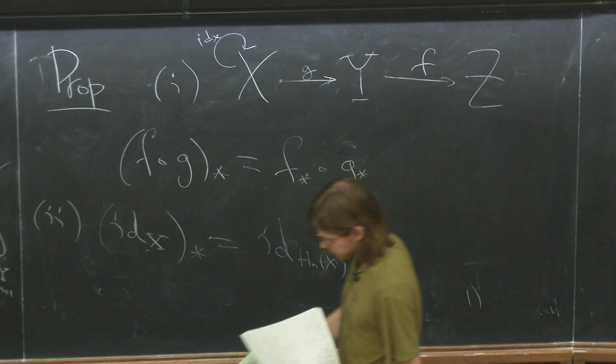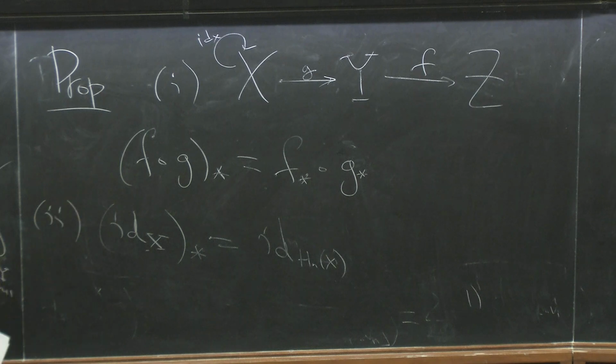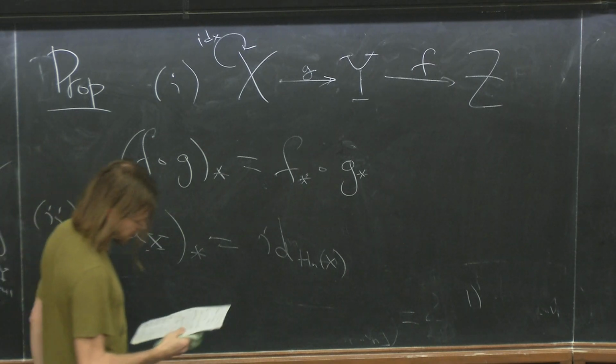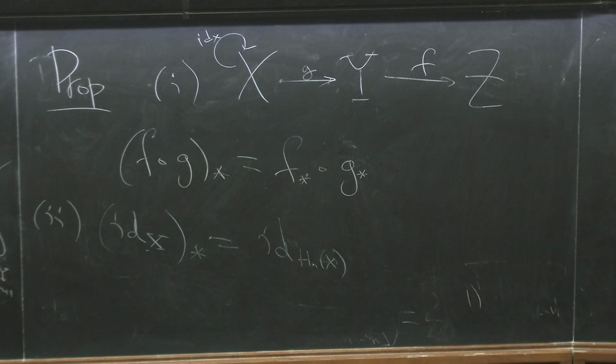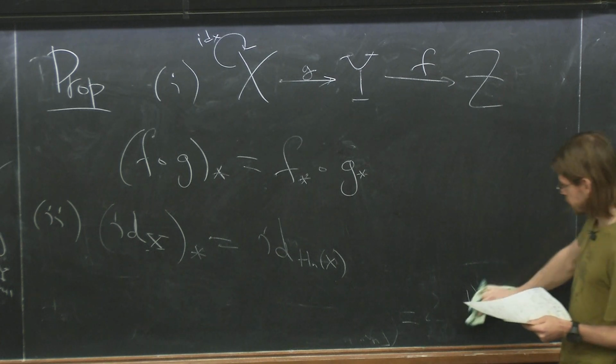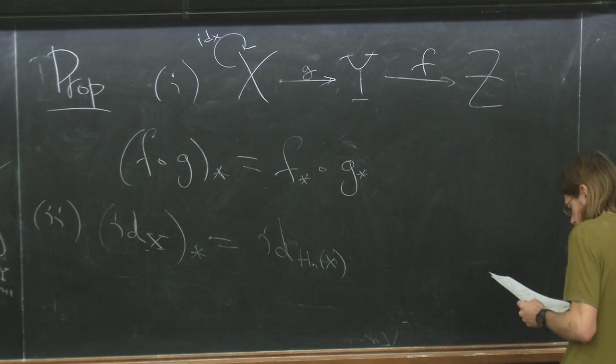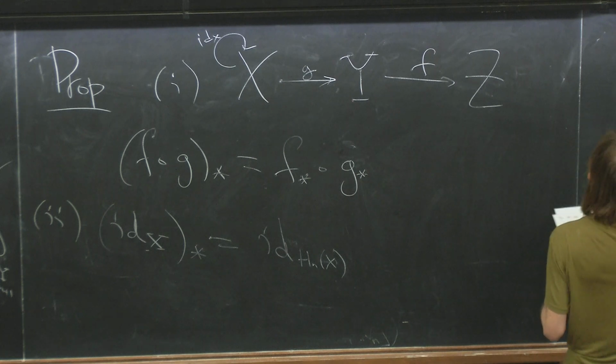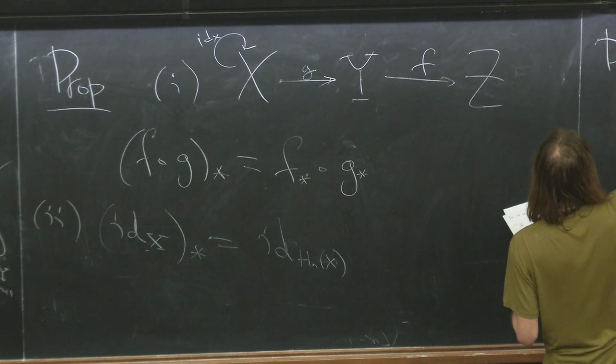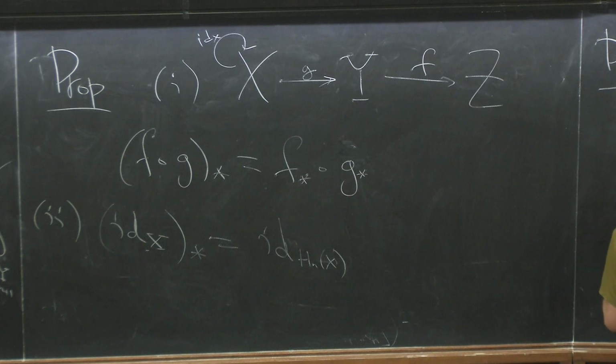Again, if you wish, like in the language of categories, this just tells you that homology is a functor from the category of topological spaces to the category of abelian groups. The proof is quite simple. Well, the first property, I mean, the proof is almost tautological.